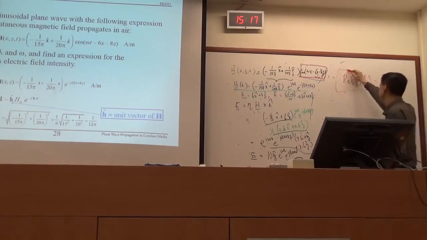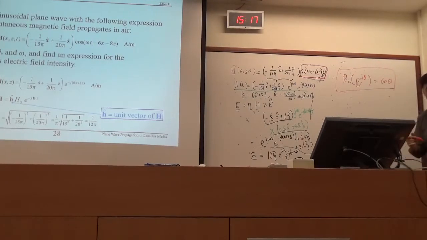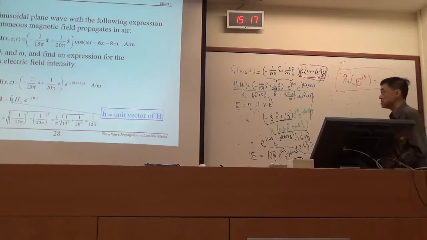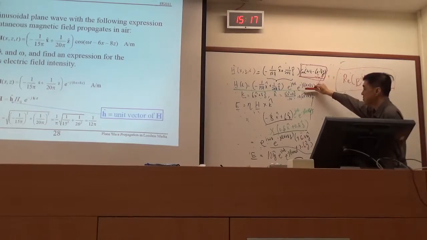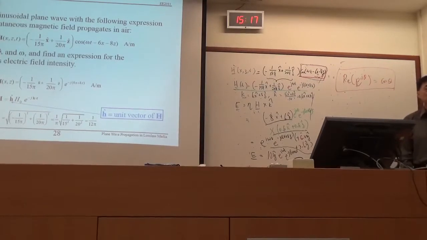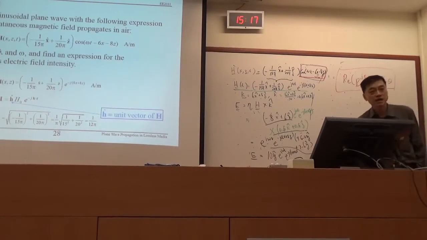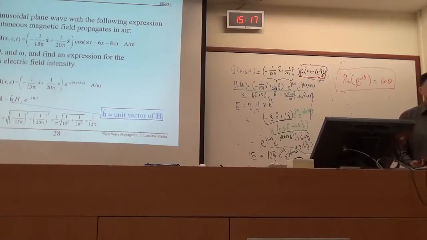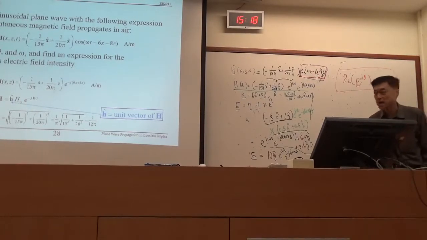This is a standard phasor form conversion. So you write it down into this. And once you have this, you are asked to find K, you are asked to find lambda, you are asked to find omega.